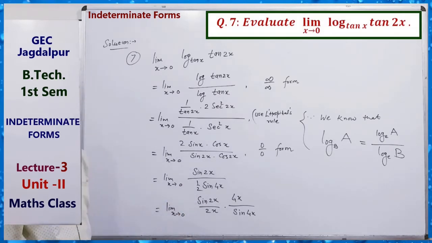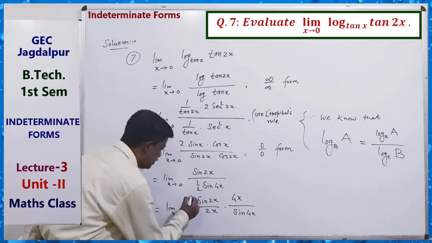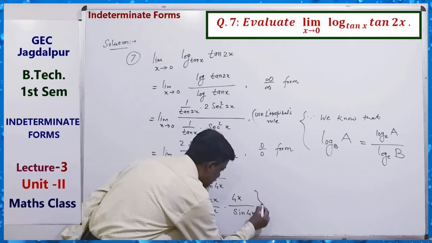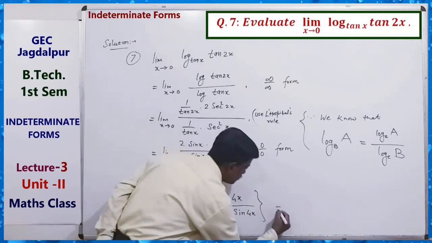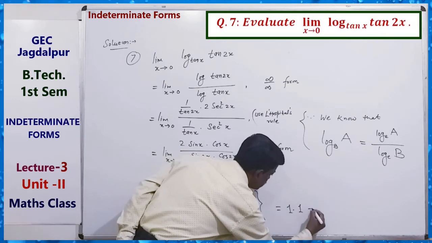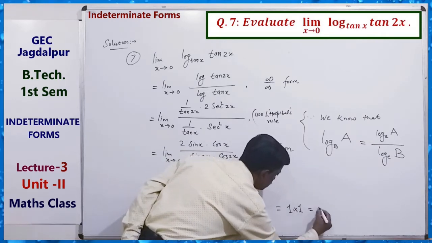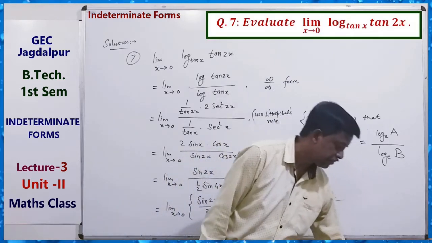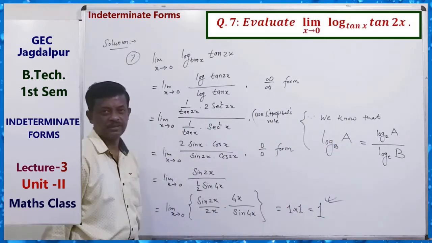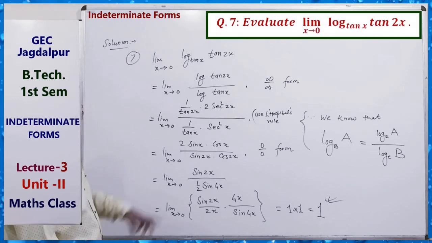So this type of setting can be done, and x tending to 0, this is 1, this is 1, so equals 1 into 1 equals 1 is the limit. So this is the value of this limit.